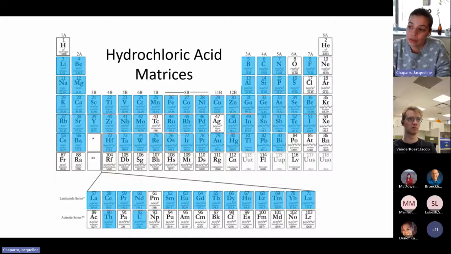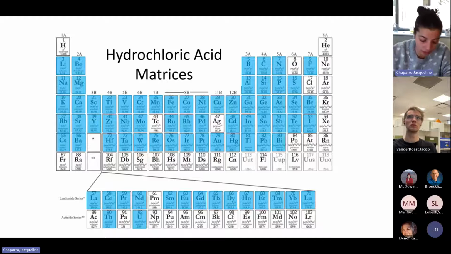So a lot of times, if there are elements that need chlorine to stay in solution, we add a little trace of hydrochloric acid to something like nitric acid to be able to solubilize the elements that are needed, but still minimize the potential interferences that occur.